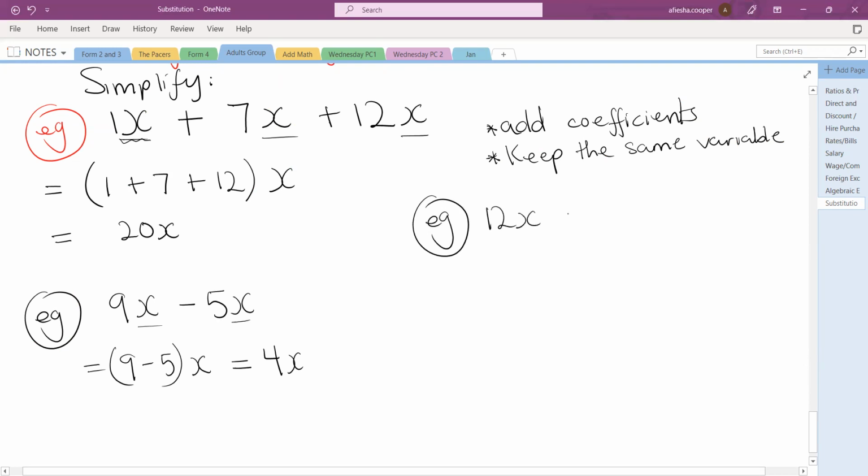12x. So it's just like regular adding numbers, but there's a variable in it, right? So 12 add 5 minus 9 brackets x. So that will be 12 plus 5 is 17. 17 minus 9 is, how much is that? 17 minus 9.